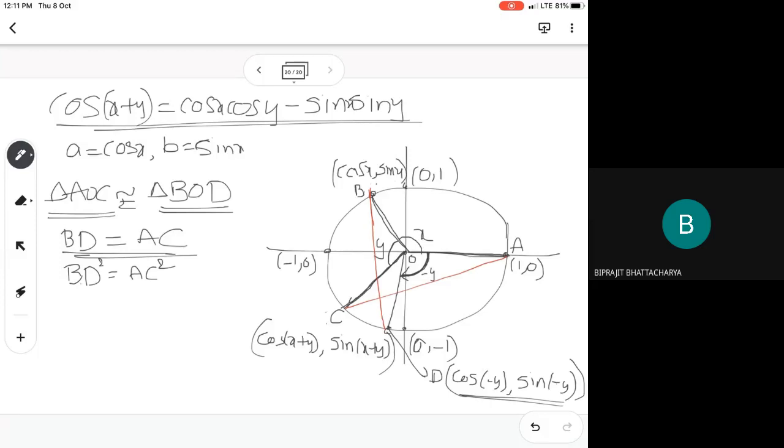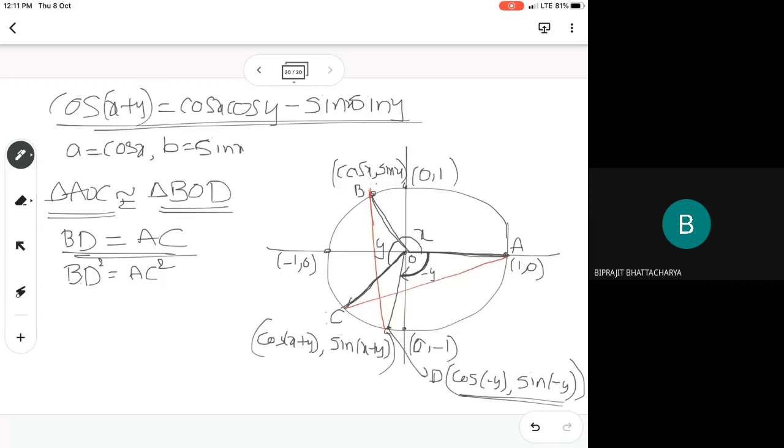So BD square is nothing but, under root of, what is the distance between the 2 points formula? Just I am asking what is the length of the BD.